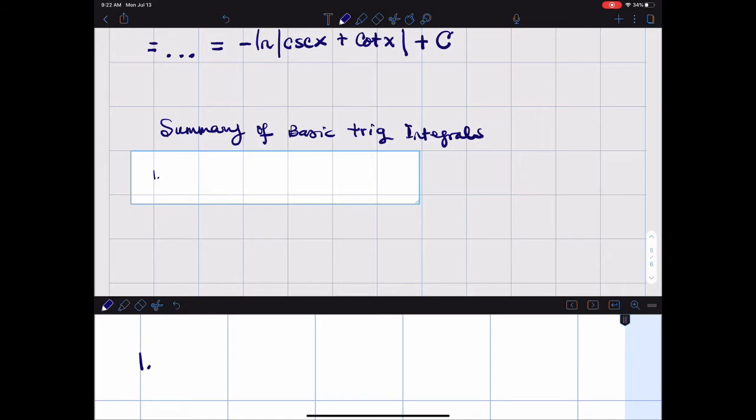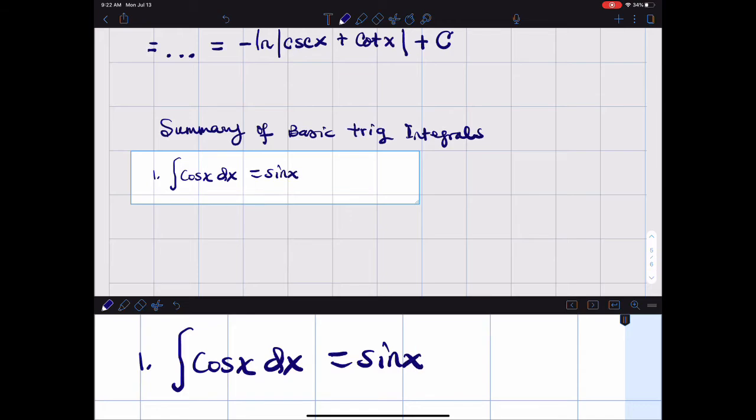So, first one, the integral of cosine of x. This is the easiest. This is sine of x plus c.